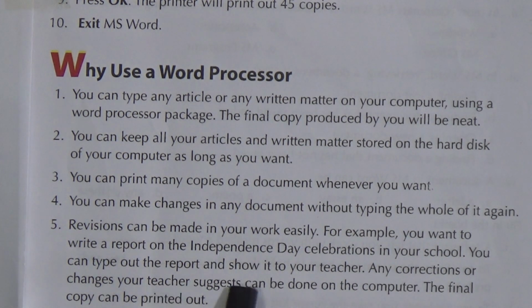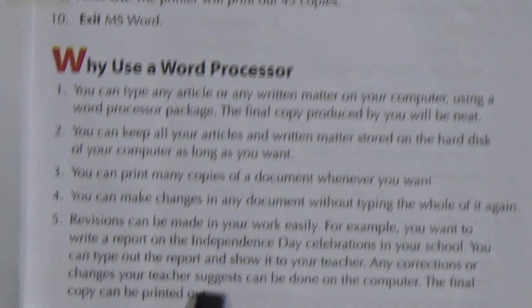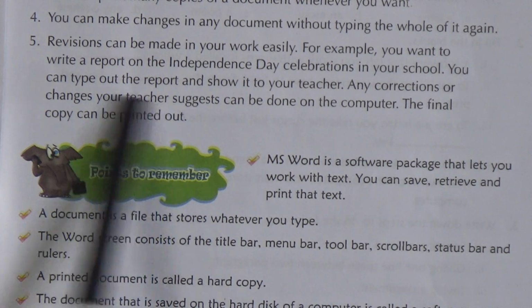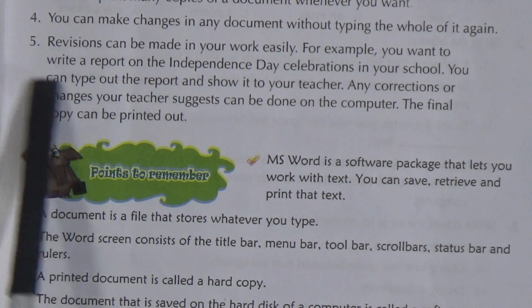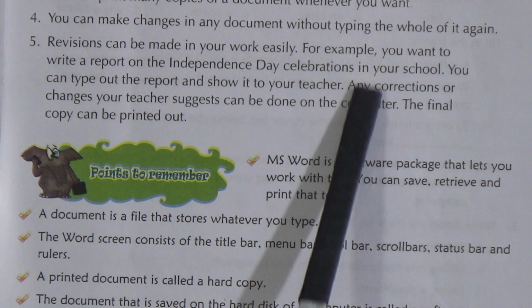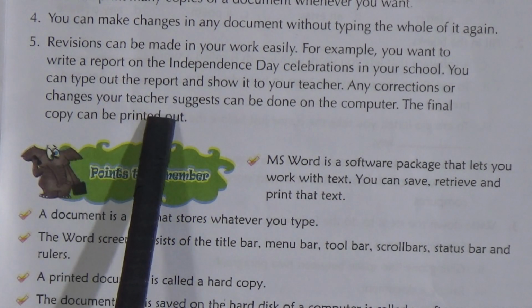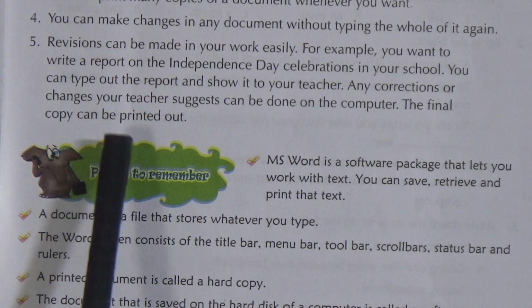You can type out the report and show it to your teacher. Any corrections or changes your teacher suggests can be done on the computer. The final copy can be printed out. So if you want to make corrections or changes, you can just do it in the computer and then print the final copy out again.